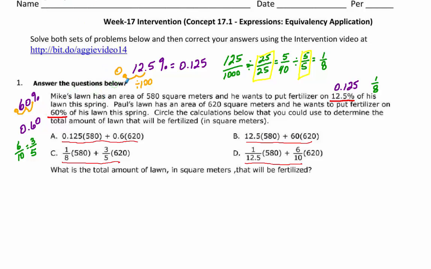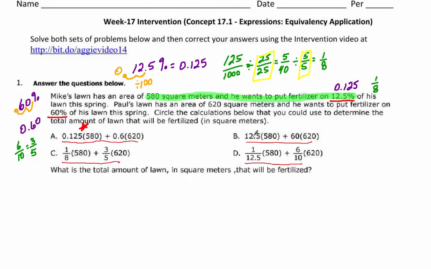So Mike has a lawn of 580 square meters and he wants to fertilize 12.5%. The 12.5 then goes with the 580. So here's a 580 with a 0.125. We said that's a way of showing the 12.5. Here's a 580 with 12.5.